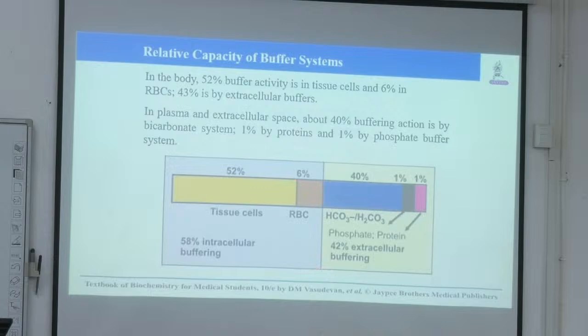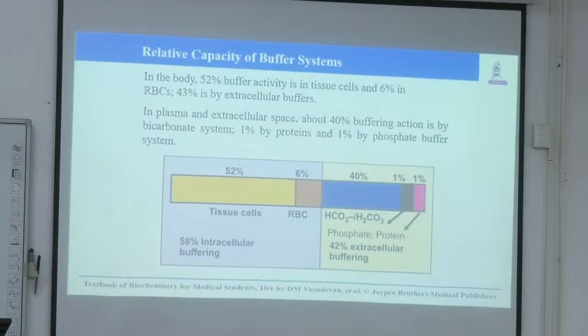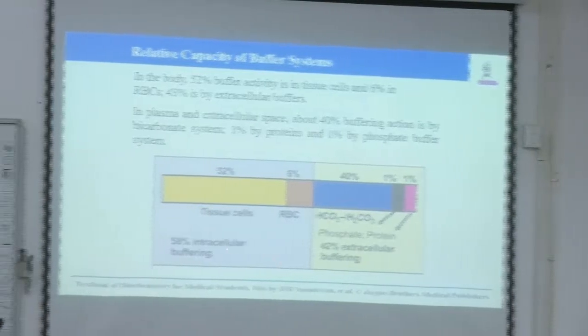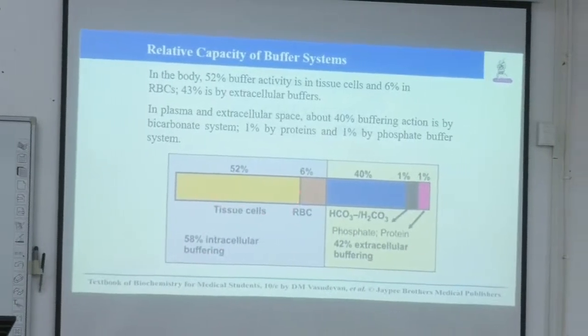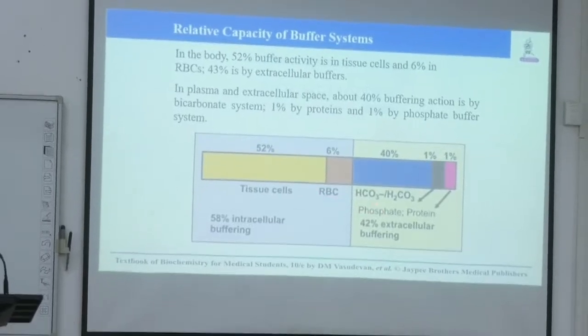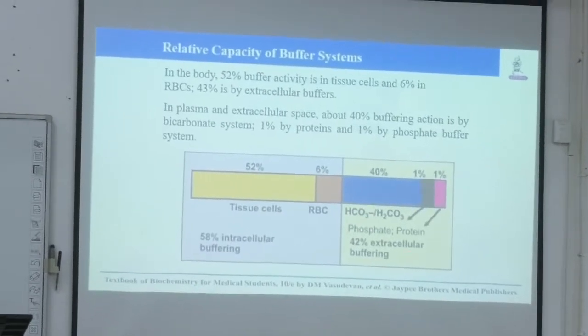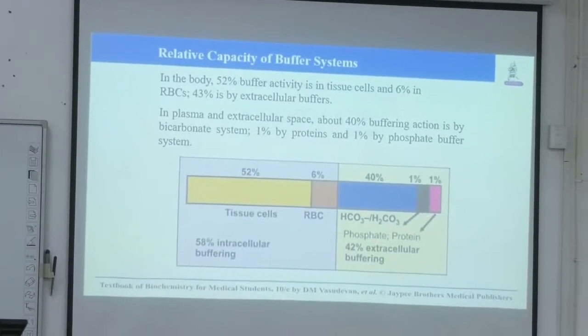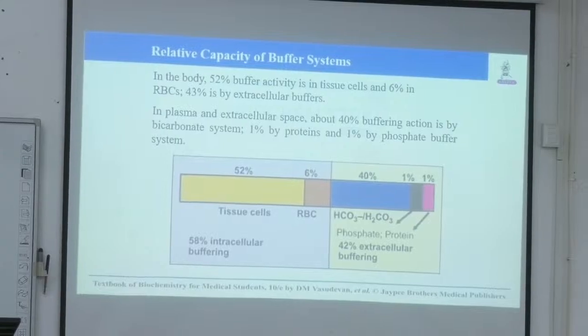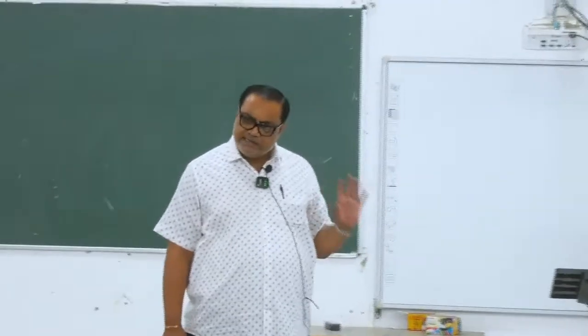Now, this shows the relative weightage of these buffers as their activity. Which one is highest? Bicarbonate is most in ECF, then comes phosphate, then comes protein. So, maximum buffering activity is done by bicarbonate in ECF.